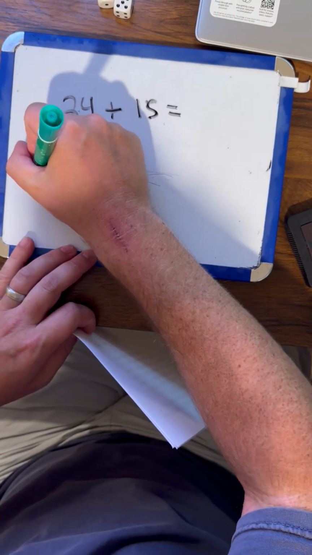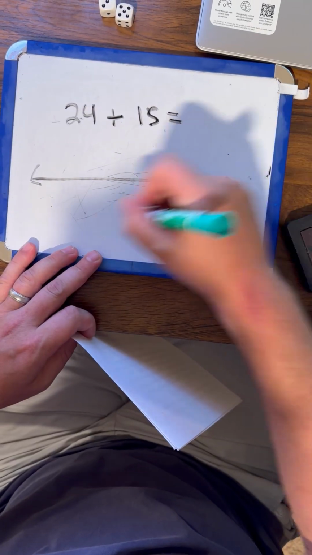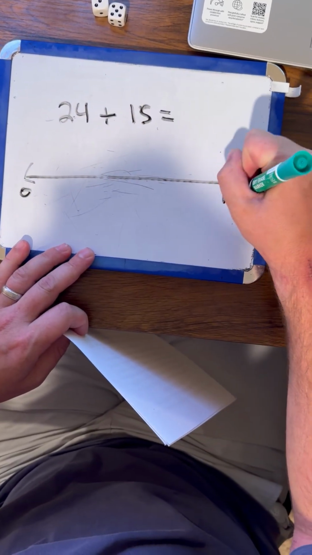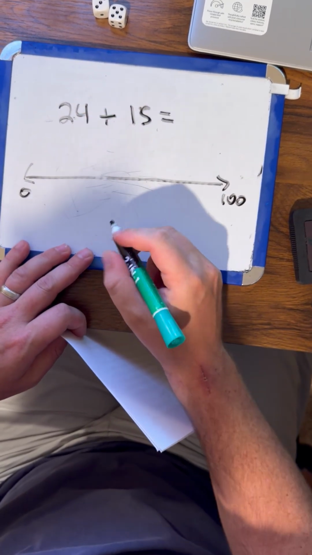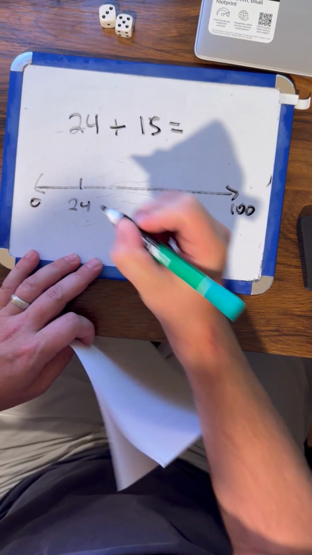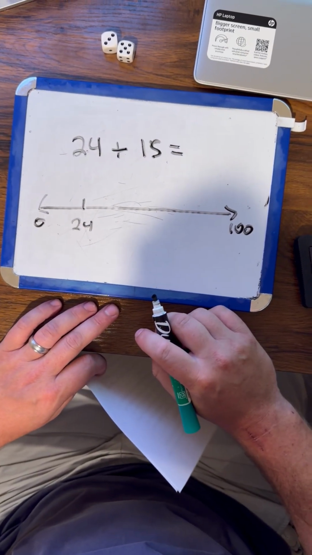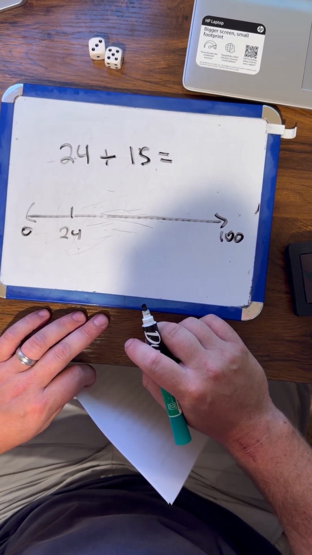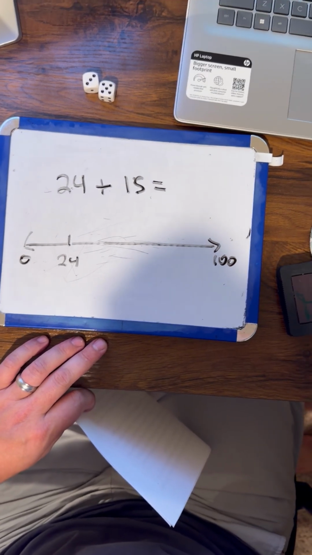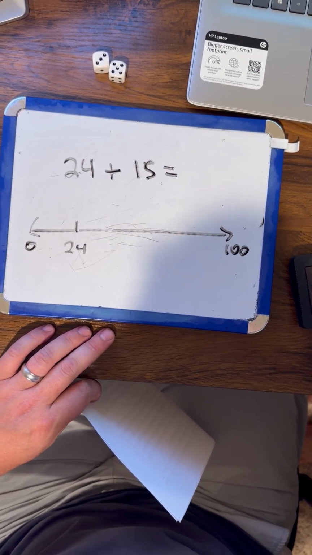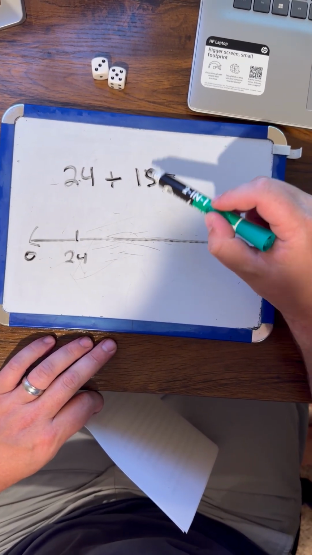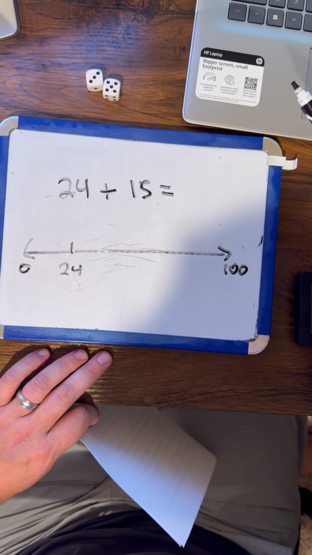So let's draw our number line. Put 0 here and 100 over here. We're starting with 24, so we'll put 24 over here, right? We already know we have that, and we need to add 15 to it. Let's look at the number 15. How many tens are in the number 15?